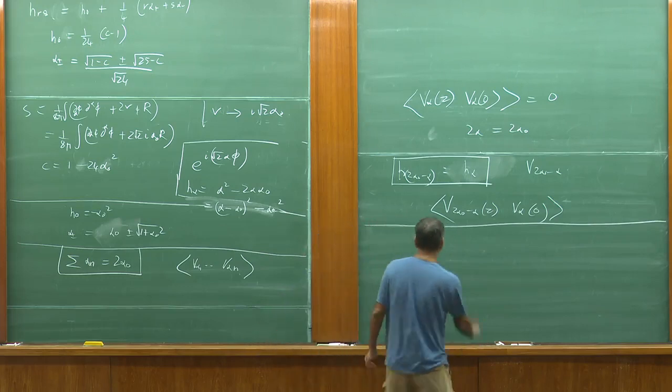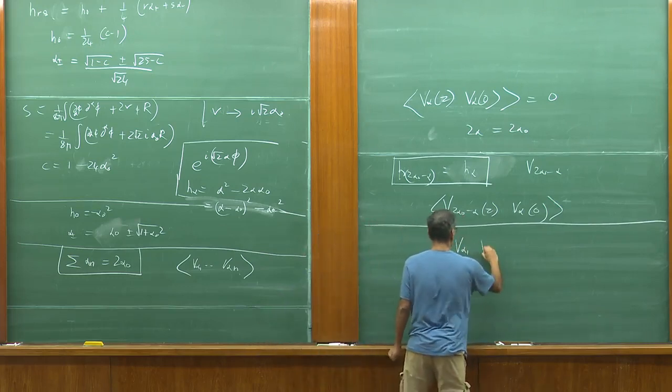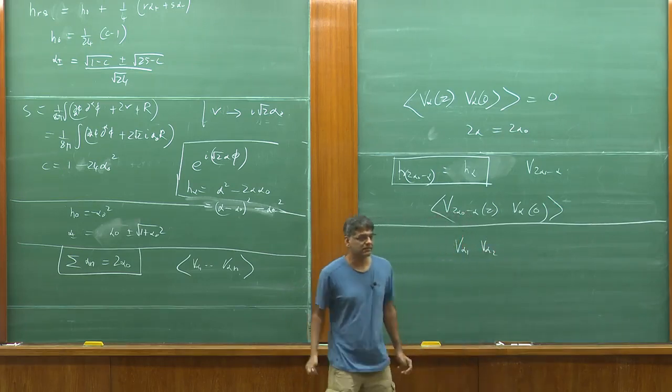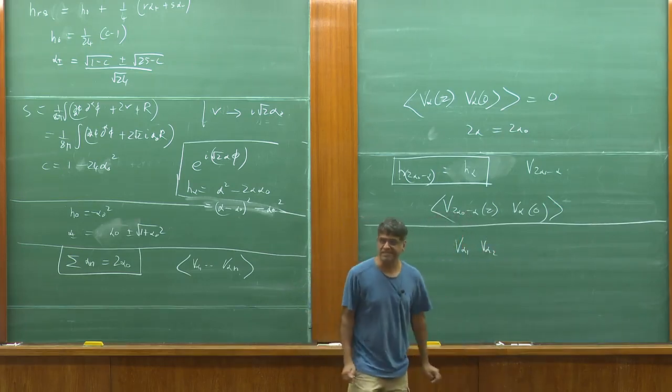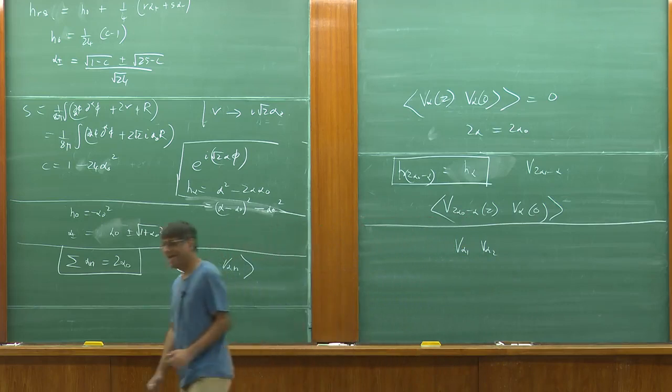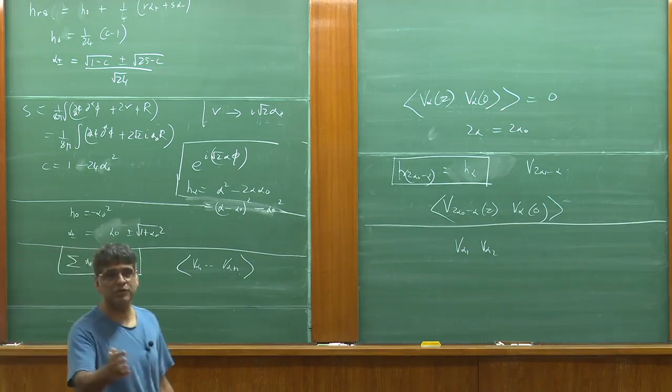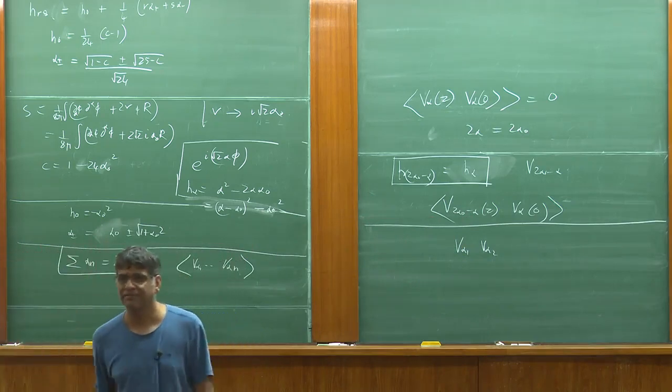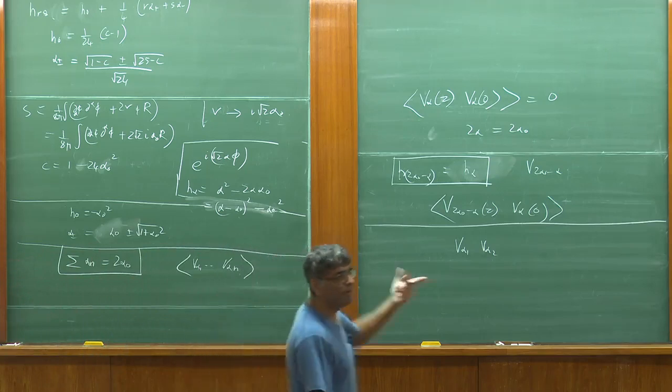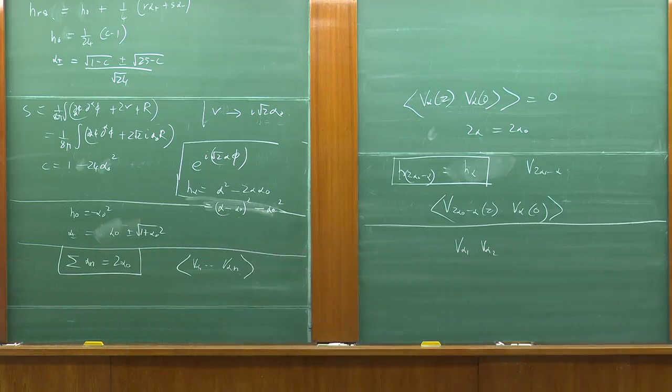Because suppose I have two operators, let's say V alpha 1, V alpha 2, and I take the fusion of these two, then I could get maybe 2 alpha naught plus alpha 1 plus alpha 2, and maybe 3 more possibilities, depending on whether I flipped alpha 1 or alpha 2 with 2 alpha naught minus alpha 1 and 2 alpha naught minus alpha 2. So total 4.